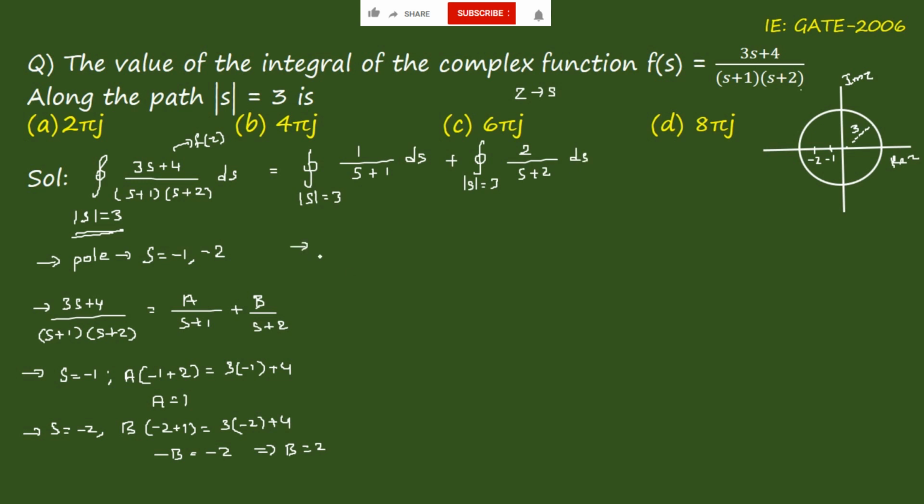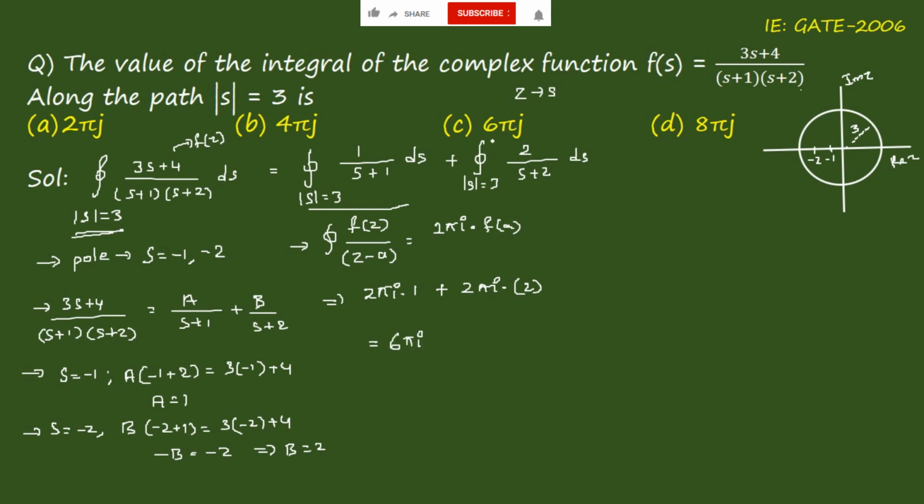We know the Cauchy's integral formula given as integral closed curve f of z by z minus a is equal to 2 pi I into f of a, right? So substitute here in both the terms. So we get this term is nothing but it becomes 2 pi I into 1 plus here it becomes 2 pi I into 2, which is equal to 2 plus 4, 6 pi I, right?